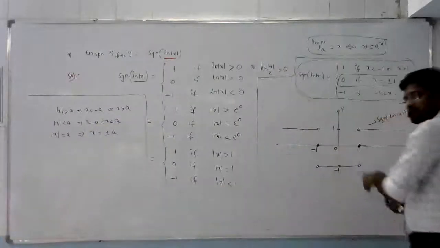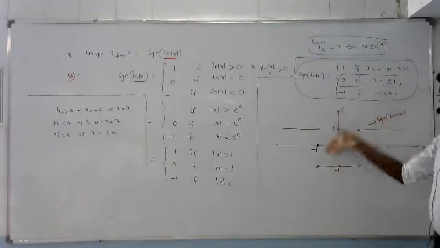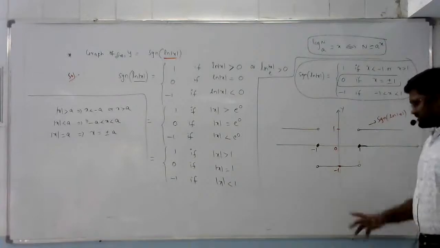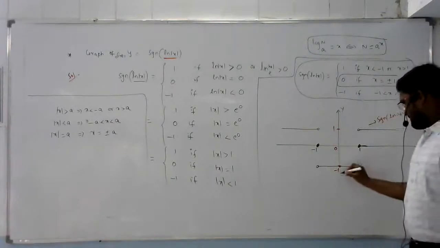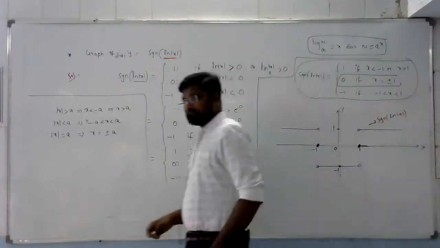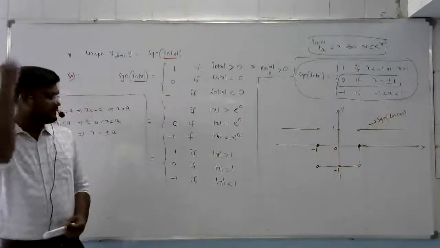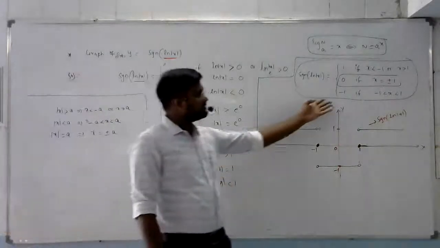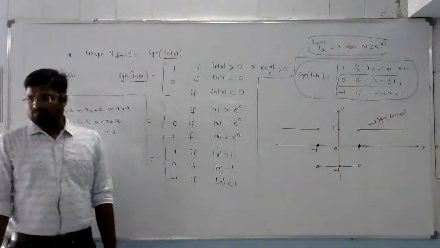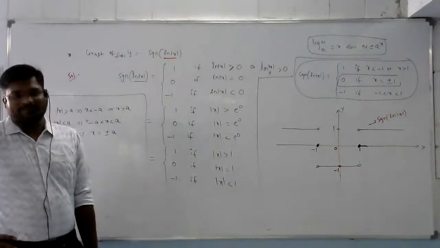Here. Why? We are getting 0 at x equal to minus 1. Tell me clearly. There is a mistake in this problem. Tell me what is it? Why can't it be negative? We are getting minus 1, right? Signum function will get only 3 values: minus 1, 0, 1. Vishal, answer. What is the mistake?